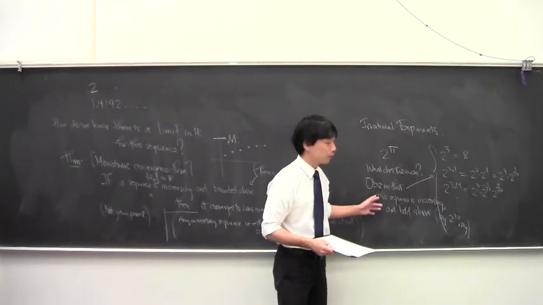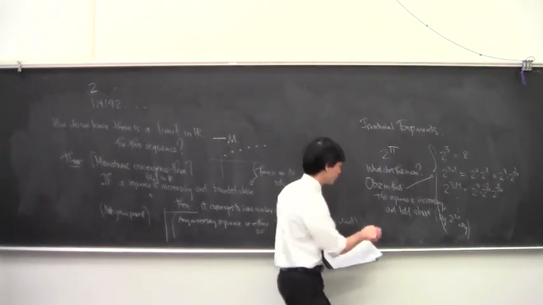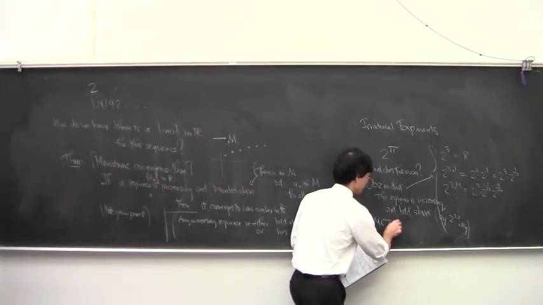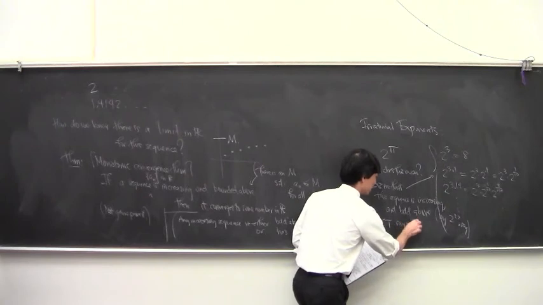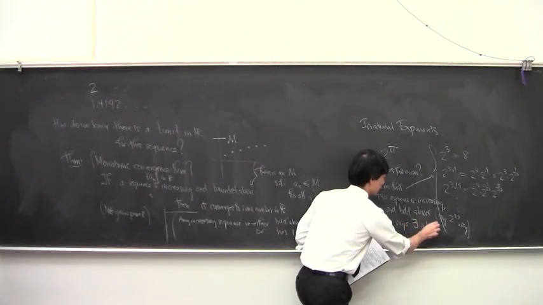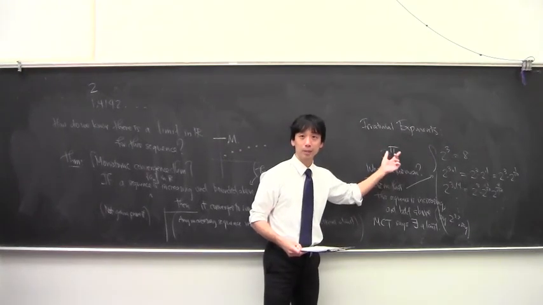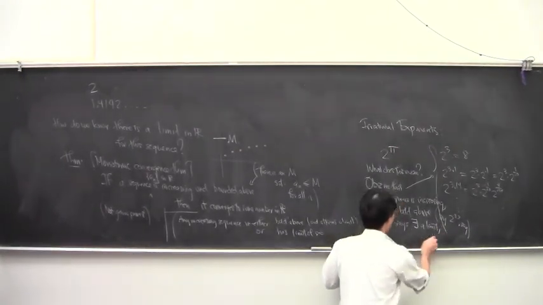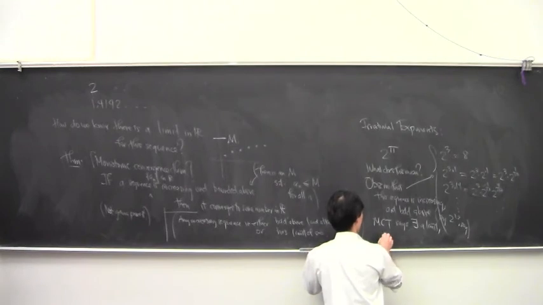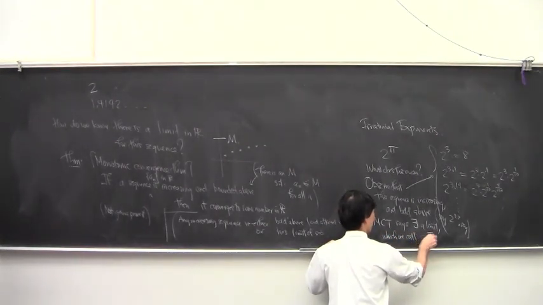So the monotonic convergence theorem says there's a limit, and that limit we call 2 to the pi.